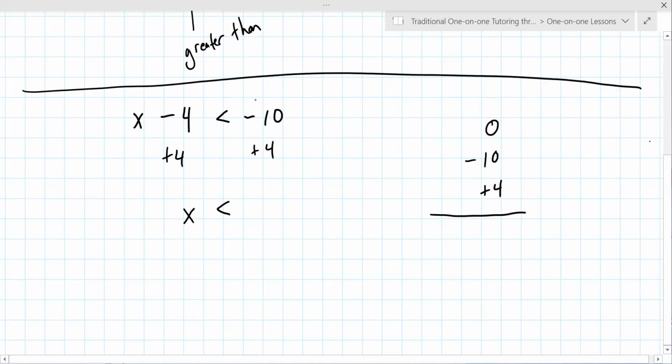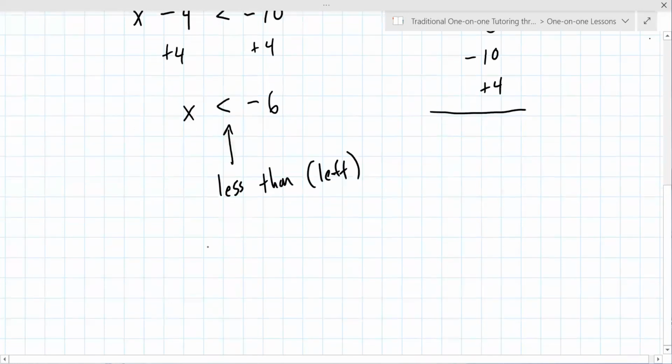Negative 6. Yes. Okay, so this symbol means less than, and generally it's to the left of that number. So we have to find that number on a number line. Here's 0, negative 1, negative 2, negative 3, negative 4, negative 5, negative 6.